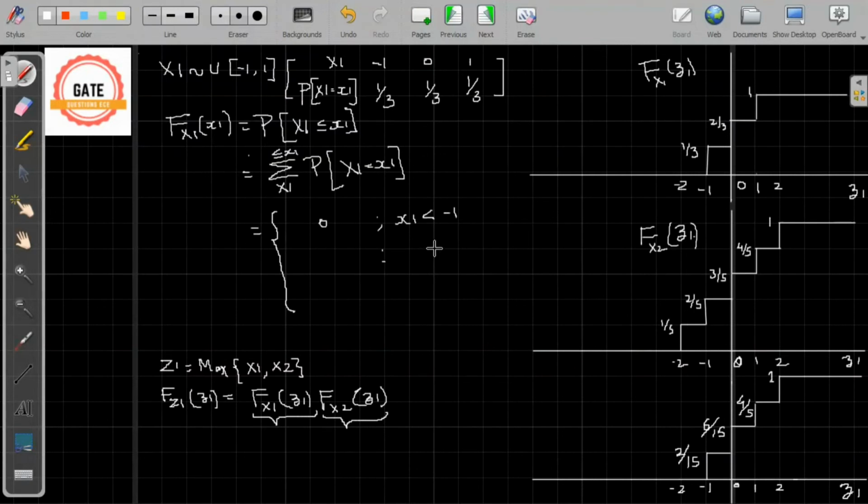For x1 greater than or equal to -1 and less than 0, the CDF will be equal to the sum of all the probabilities that are strictly less than 0. So for less than 0, the only non-zero probability is 1 by 3. So its value is 1 by 3.